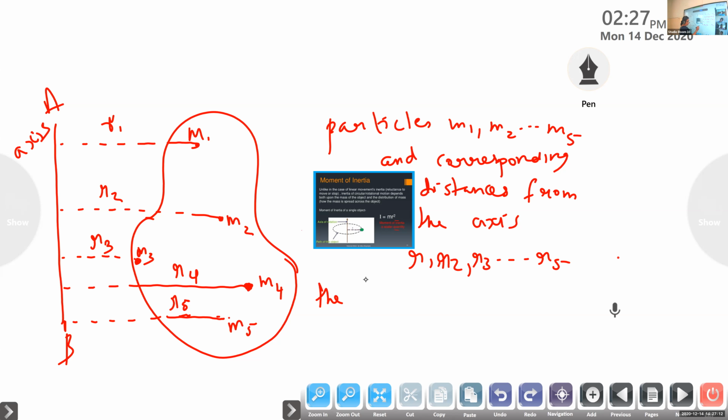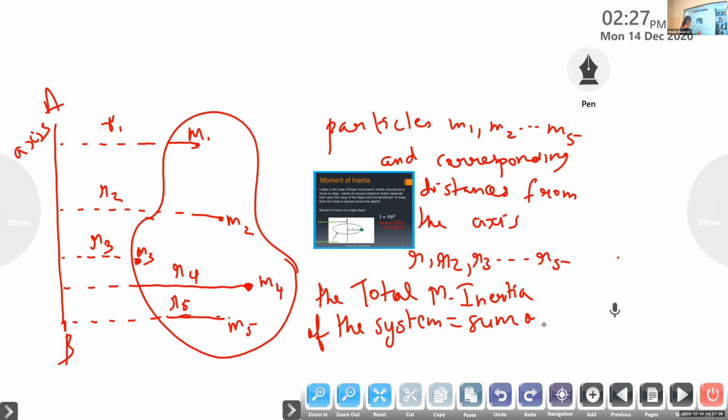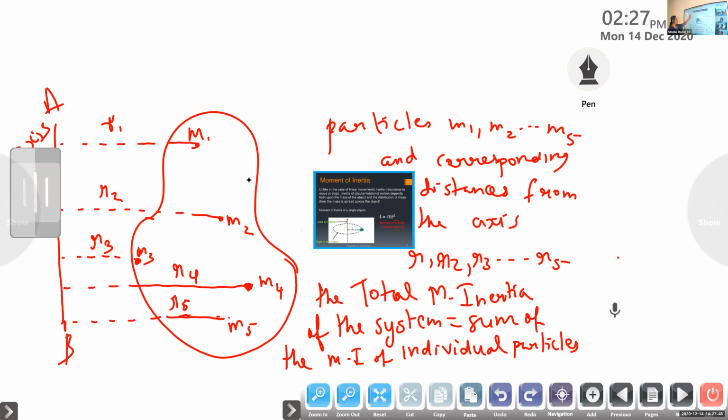Then the total moment of inertia of the system is equal to the sum of the moments of inertia of the individual particles.